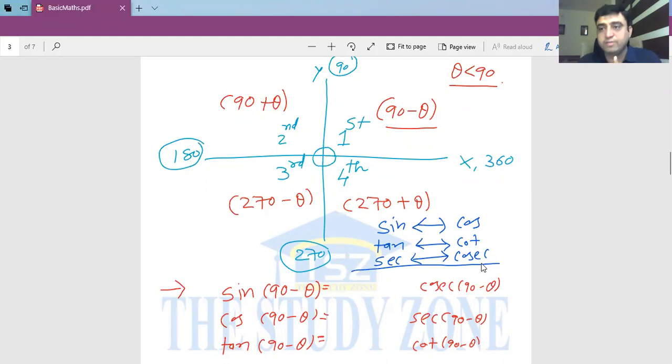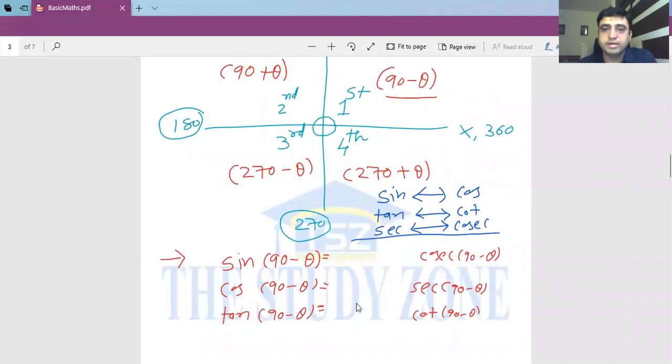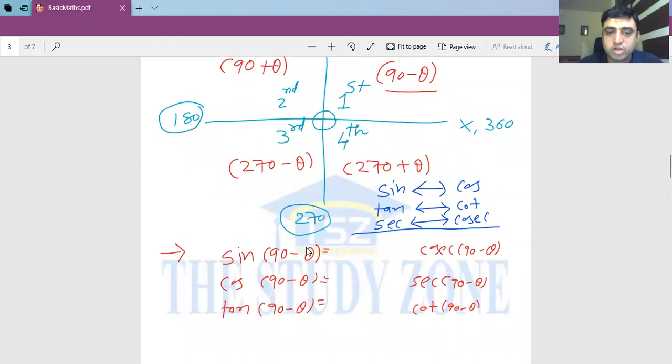For everything we have proved, but right now we are understanding the application. Is it fine, everybody? Here you can see that all these six angles are represented by 90 minus theta. So sine will be converted to cos, so it will be cos theta, which you have studied in 10th standard. Cos 90 minus theta is sine theta.